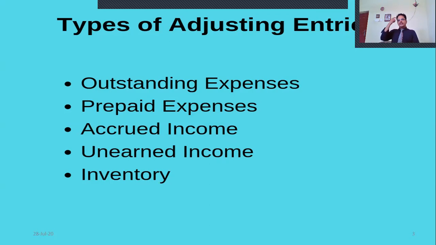In this case also, you have to write the entry. Only one entry you have to write. That is, you debit income receivable. It's an asset. Income to be received or income receivable, income accrued. Accrued income and income receivable, both meanings are the same.